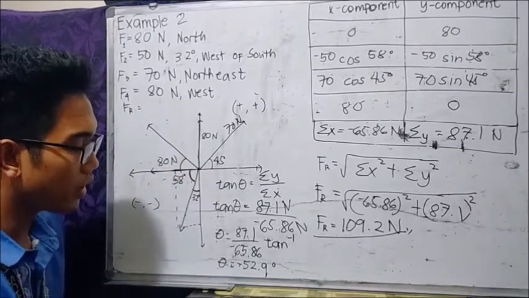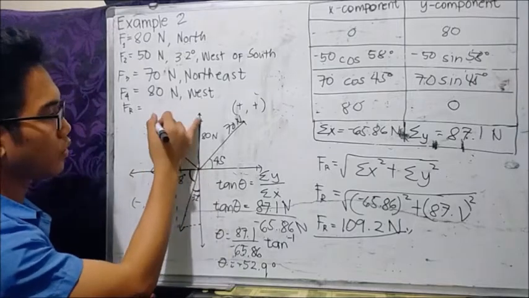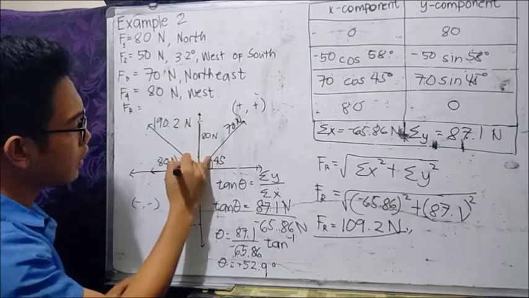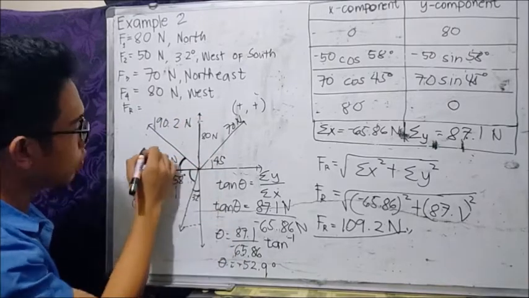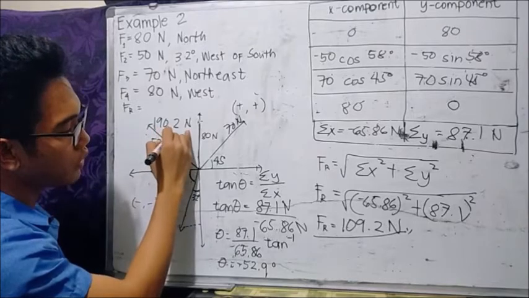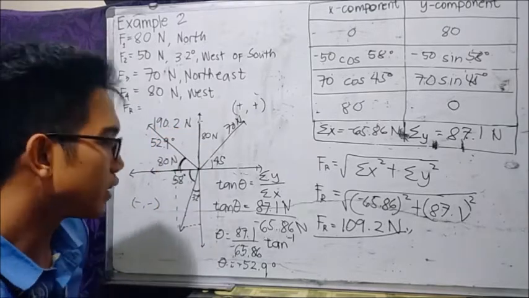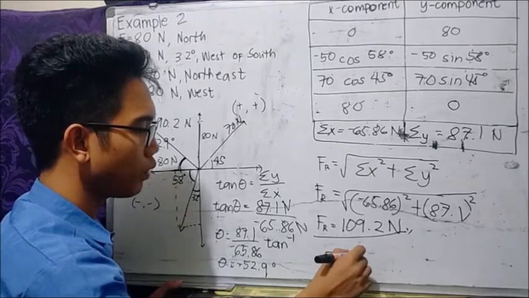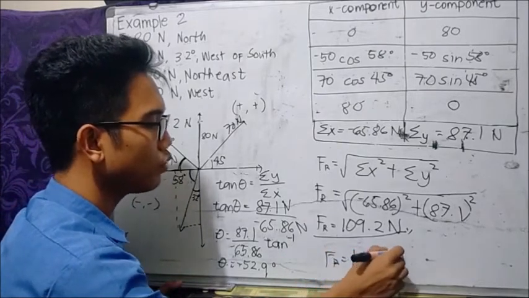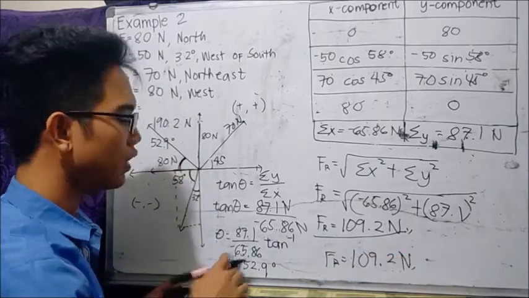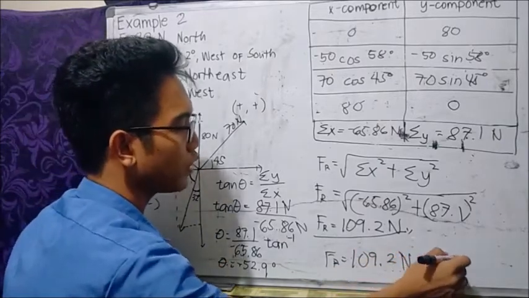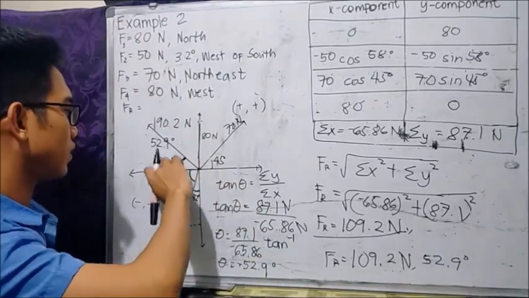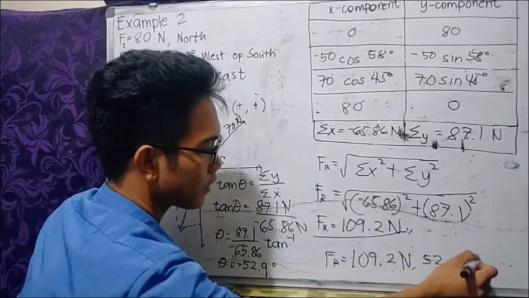The magnitude of this is 109.2 Newton, and the angle is 52.9 degrees. Okay, let us write your final answer. Your F sub r now is equal to 109.2 Newton, and the angle is 52.9 degrees. The direction is north of west.